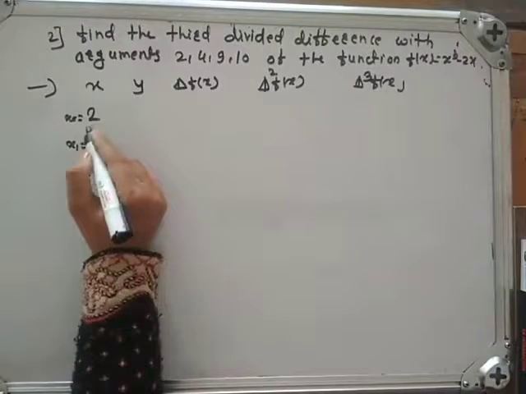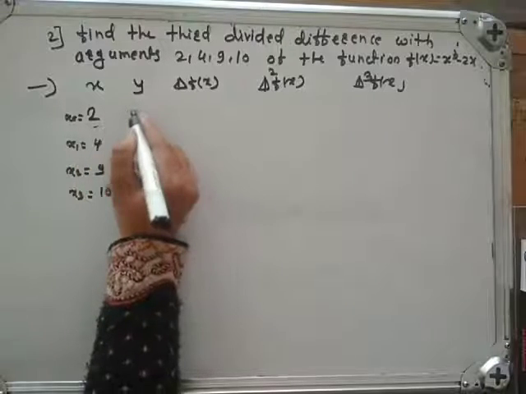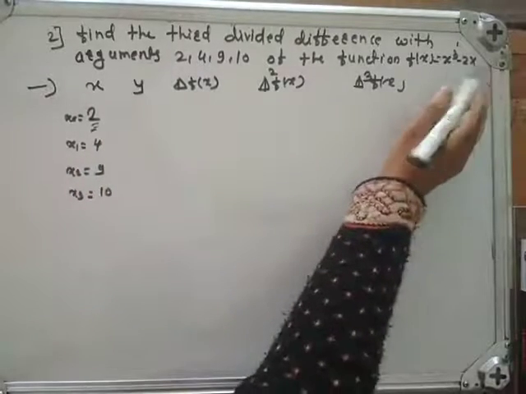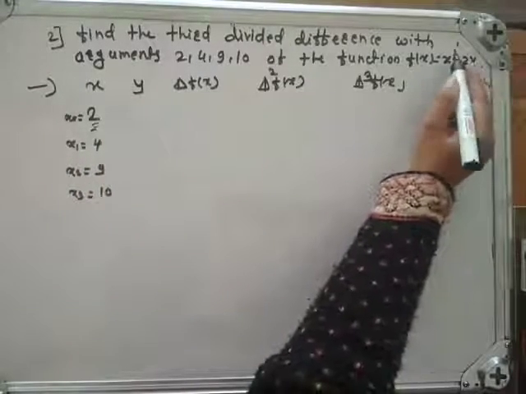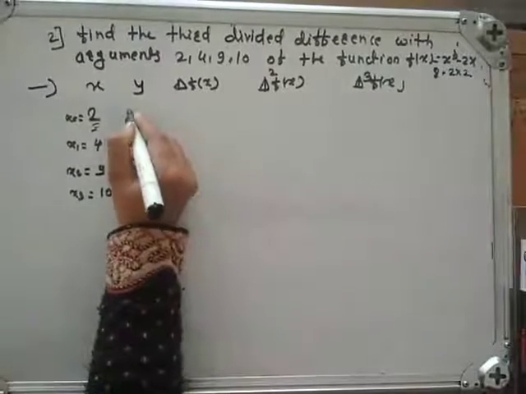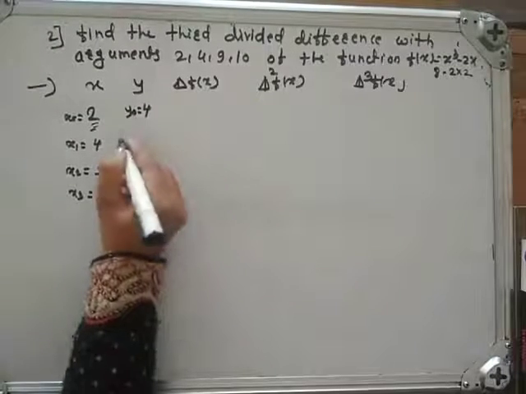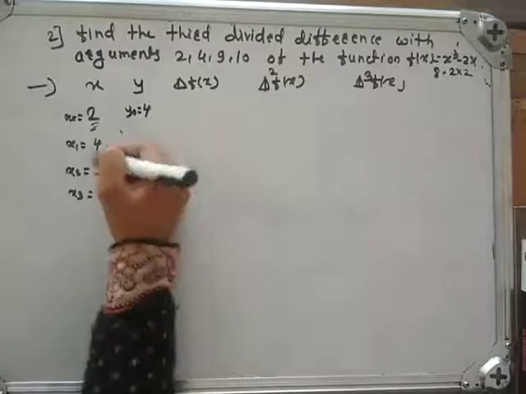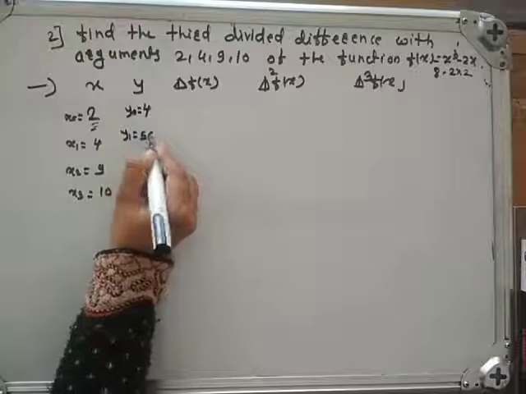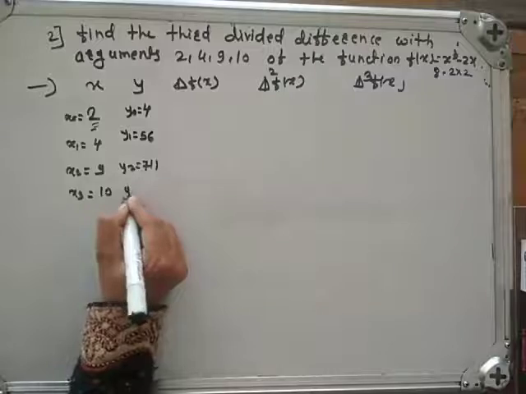For the corresponding values of the function, put x is equal to 2 in this equation. You will get 2 cube is 8, minus 2 into 2 is 4, so you will get y0 is equal to 4. Similarly, put the remaining values: y1 is equal to 56, y2 is equal to 711, and y3 is equal to 980.